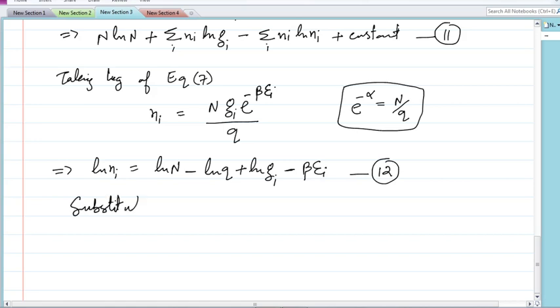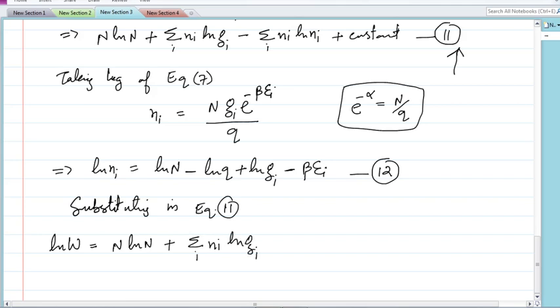Substituting in equation 11, that means we will take the value of ln of ni and put it into equation 11, this equation here. So we will get ln of W simply equal to N ln of N plus summation i ni ln of gi minus summation i ni.